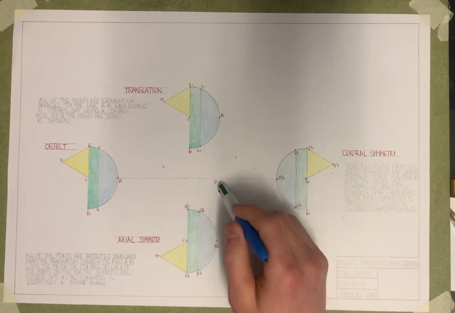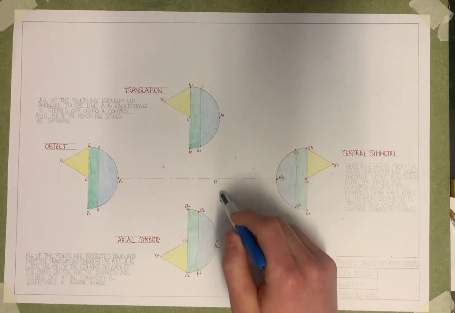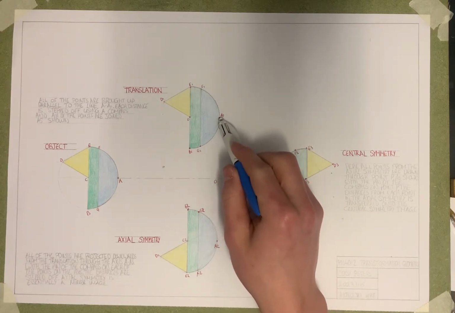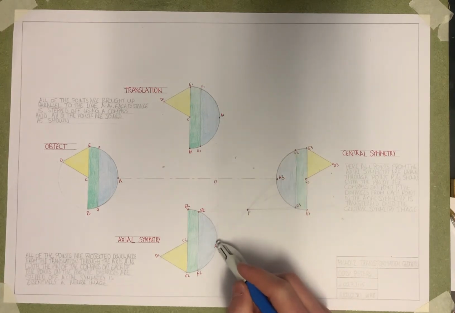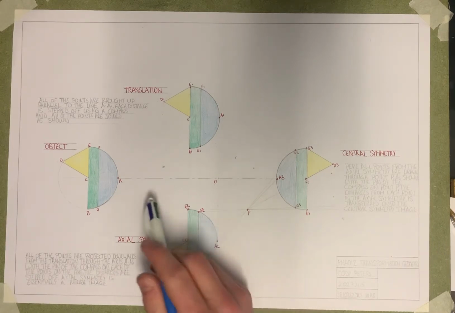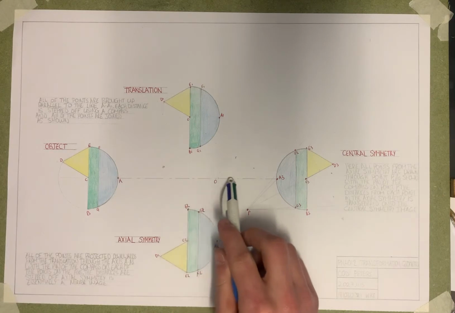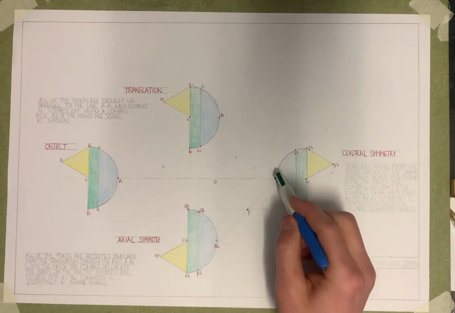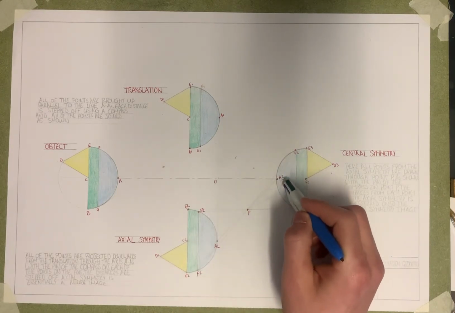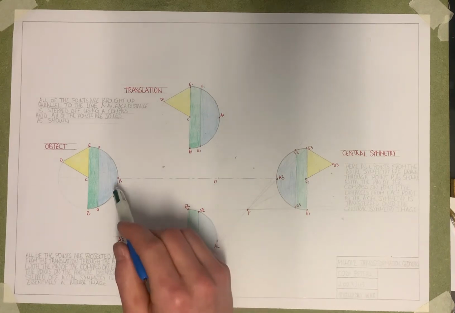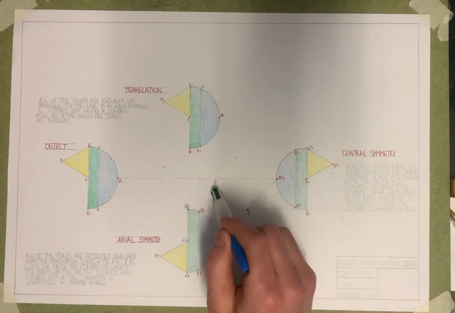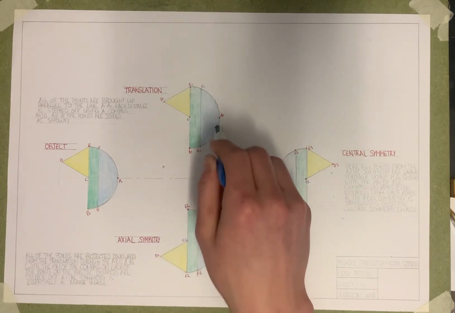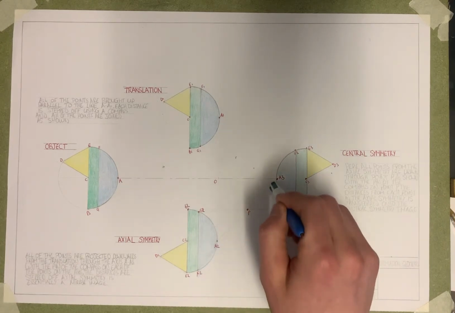Where it intersects this vertical axis here is A1, and where it intersects the vertical axis down here is A2. If we extend out this axis here, where it intersects with the curve is A3. So now we have A, O, A1, A2, and A3.